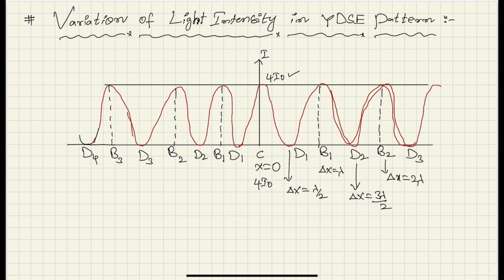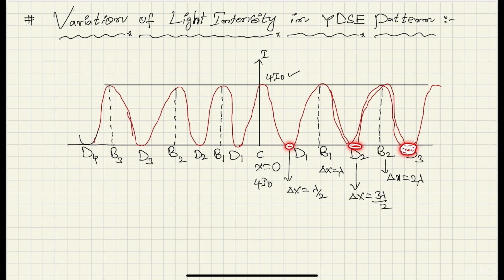Just once again, see this one. Here the path difference is 0. Here the path difference is lambda by 2 for dark, here 3 lambda by 2, next 5 lambda by 2.